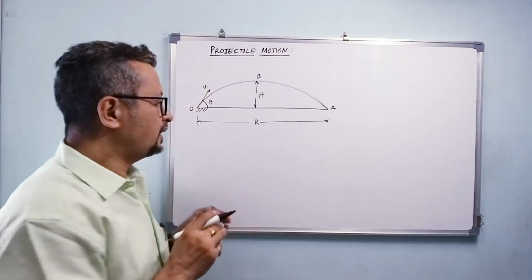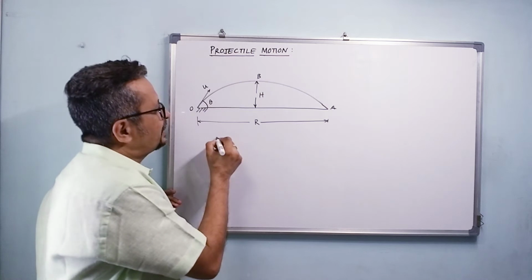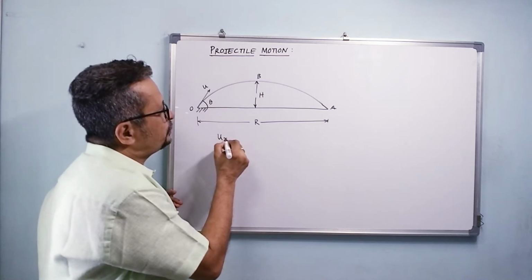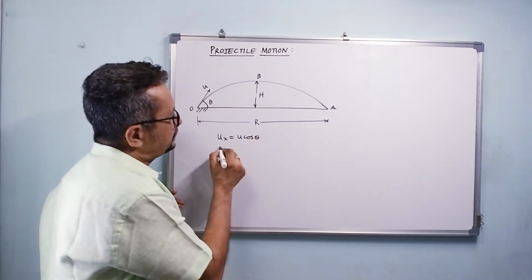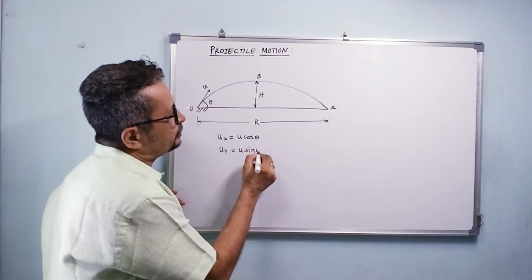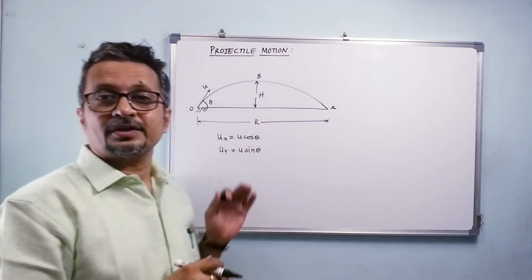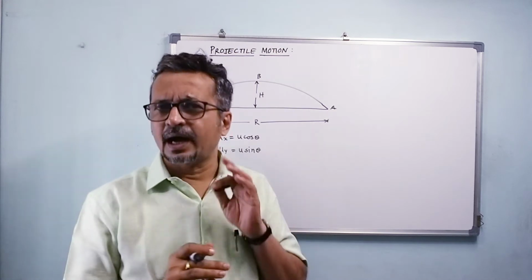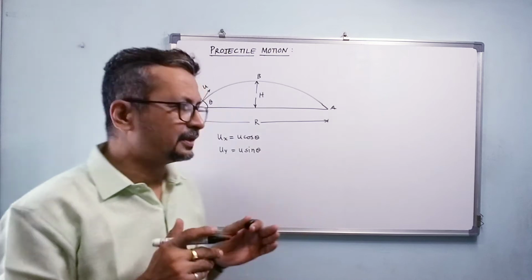Okay, now as I had said earlier, my horizontal component of velocity ux is equal to u cos theta and uy is equal to u sin theta, vertical component, correct? What is the time taken for covering this horizontal distance R, that is the total range? Is it not the time of flight? Correct.